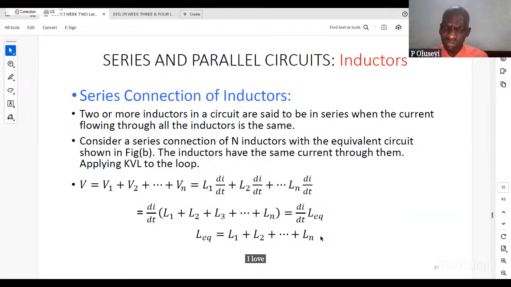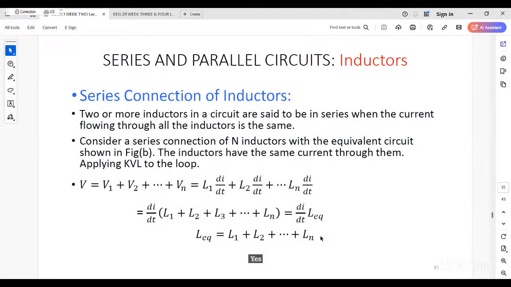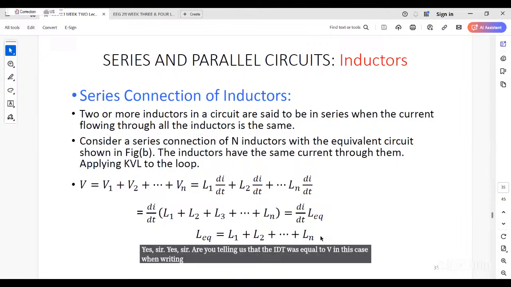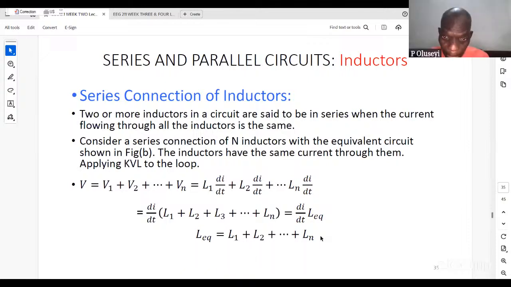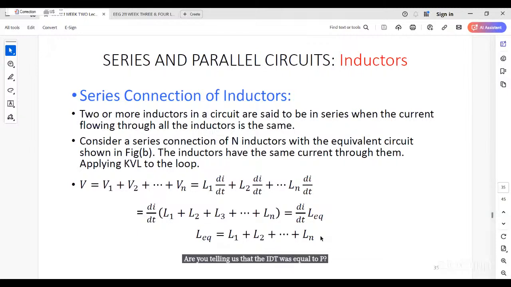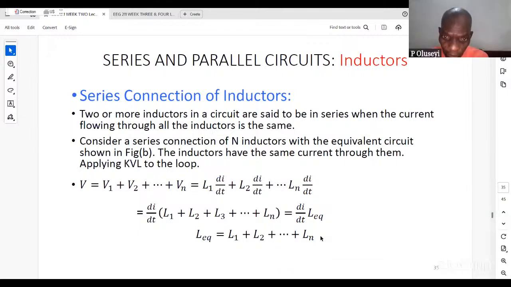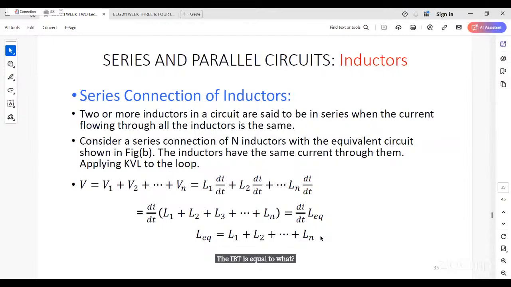Alozie, any question? Yes, sir. Are you telling us that the di/dt was equal to V in this case when writing it in canonical form? Because from the first line you went V is equal to V1 plus V2, which is equal to L1 di/dt plus L2 di/dt, and so on.